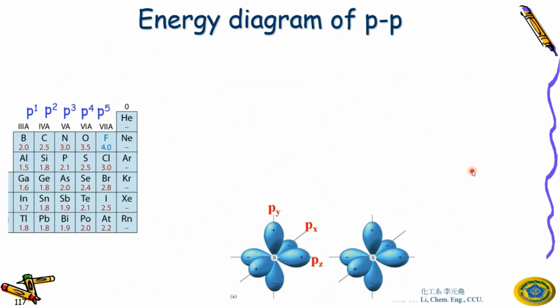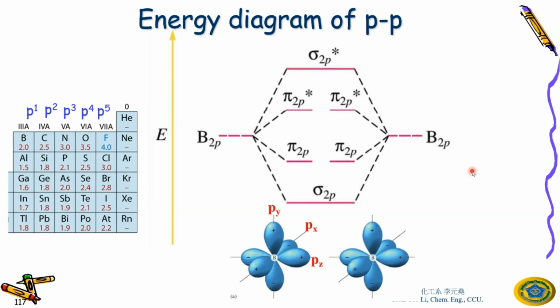Okay, so now we already know the shapes of the molecular orbitals. So now let's think of the energy levels, the energy diagrams. We use the example of boron 2p and boron 2p here. So you have sigma bond and you have pi bond, right? When you do the 2p and 2p together, it looks like this. We have three energy states.